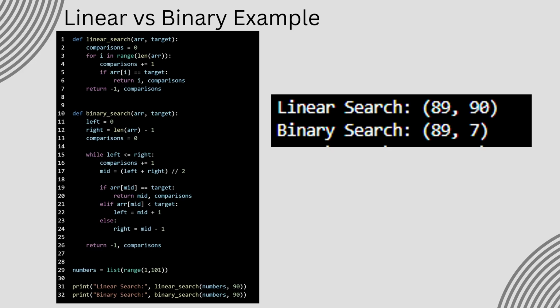It checks if the middle value is equal to the target. If it is, it returns the index and comparisons. If the middle value is smaller than the target, it moves the left pointer to the right side. Otherwise, it moves the right pointer to the left side. If the loop ends without finding the target, it returns negative 1.